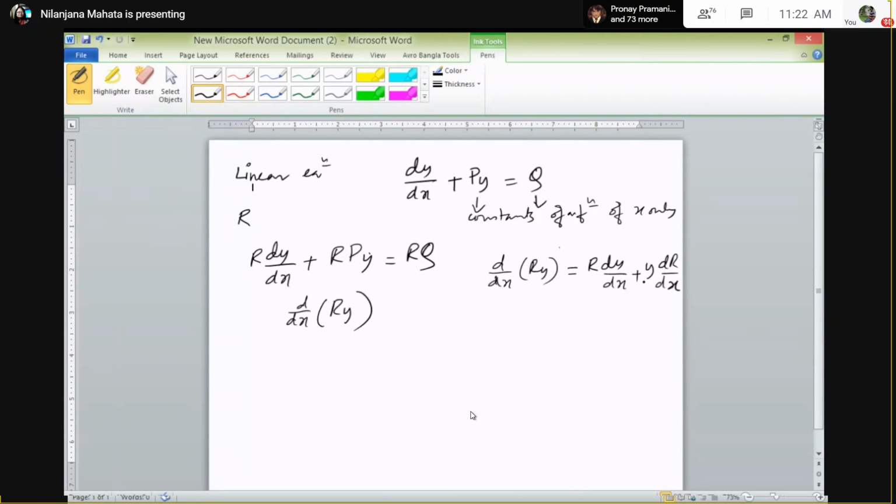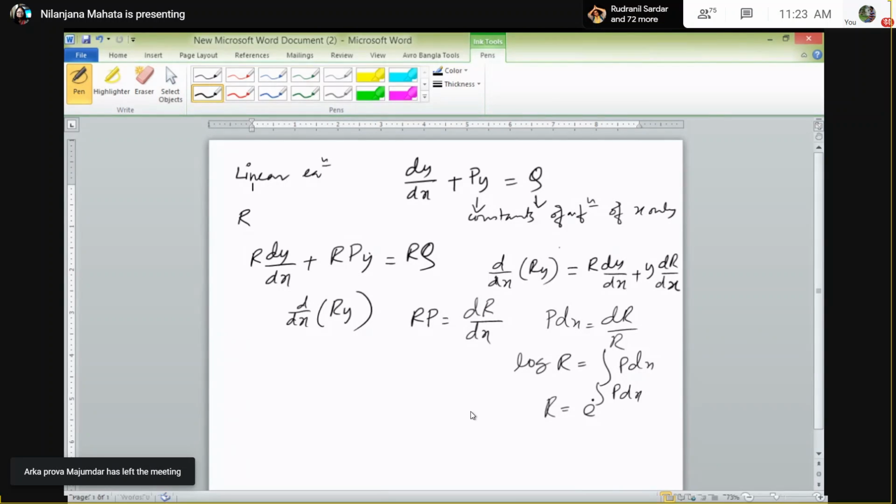So I may equate RP = dR/dx. So it will be P dx = dR/R. Now you can easily integrate, and you get log R equal to ∫P dx, and that is R equal to e^(∫P dx). You have already got this as an integrating factor. Okay, so if this is a linear first order equation, you can always find out your R.